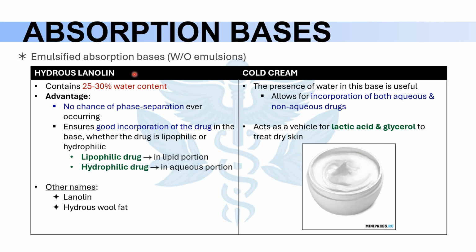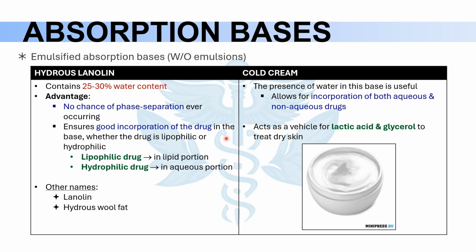Let's begin with hydrous lanolin. It contains 25 to 30% water content, which is a great amount of water content. So we can establish that this preparation has water content and it also has fatty content, and therefore there is no chance of phase separation from ever happening.